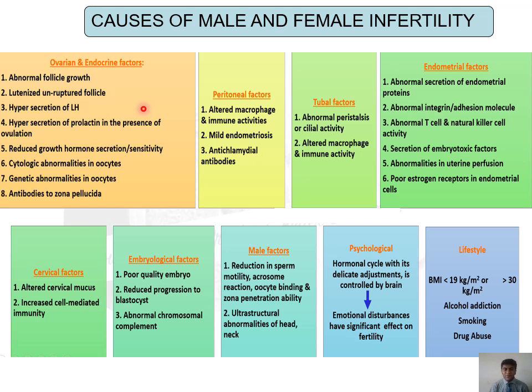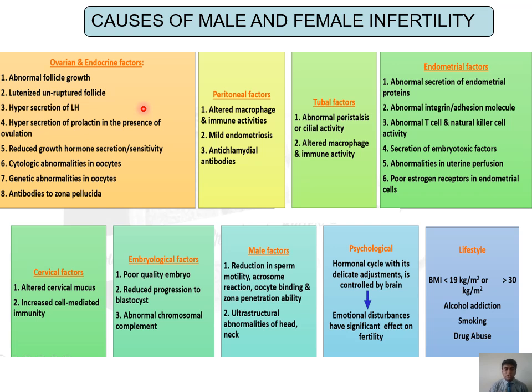There are different peritoneal factors like antichlamydial antibody production, mild endometriosis, and tubal defects leading to altered macrophage and immune activity. Endometrial factors include poor estrogen receptors, very poor secretion of embryonic factors, and abnormal integrin and adhesion molecules.